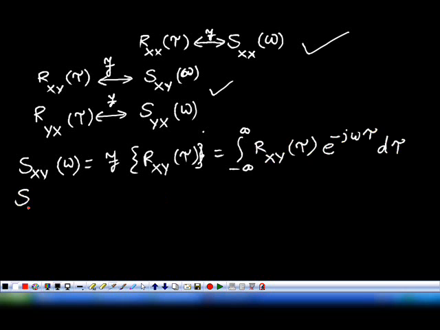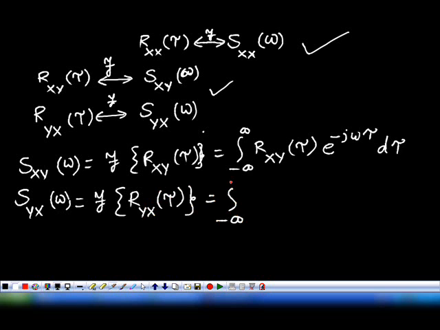Similarly, Syx of omega is equivalent to the Fourier transform of Ryx of tau, which is the integral from minus infinity to plus infinity of Ryx of tau e power minus j omega tau d tau. Is it clear?